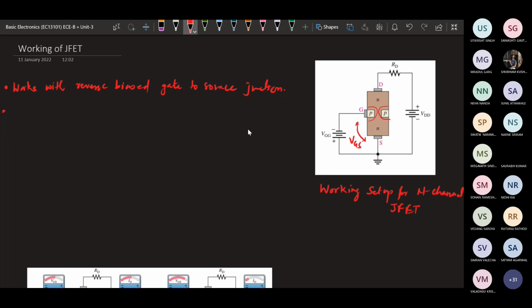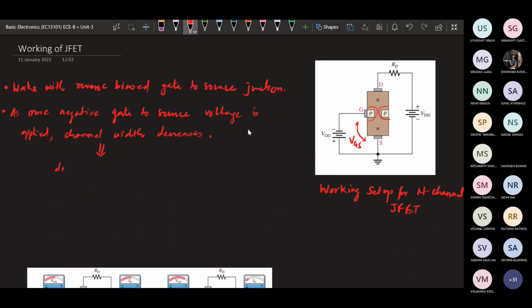As we apply a more negative gate to source voltage, the channel width decreases.